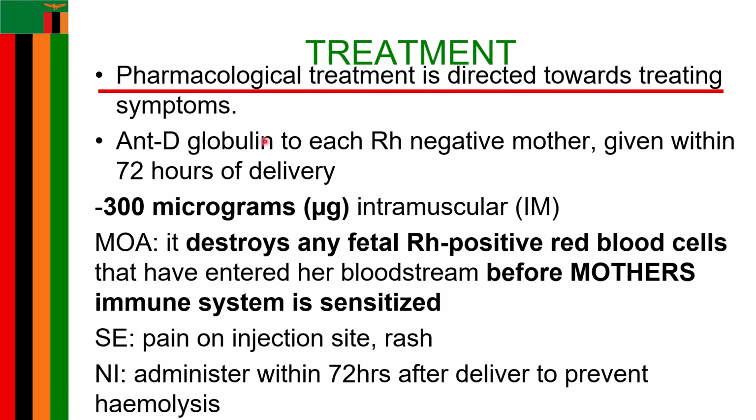So this anti-D is usually given to protect the mother so that they can have another child after the first child. That is the more reason why it is given. It has common side effects such as pain on the injection site and rash, and of course administer within the first 72 hours to prevent hemolysis.